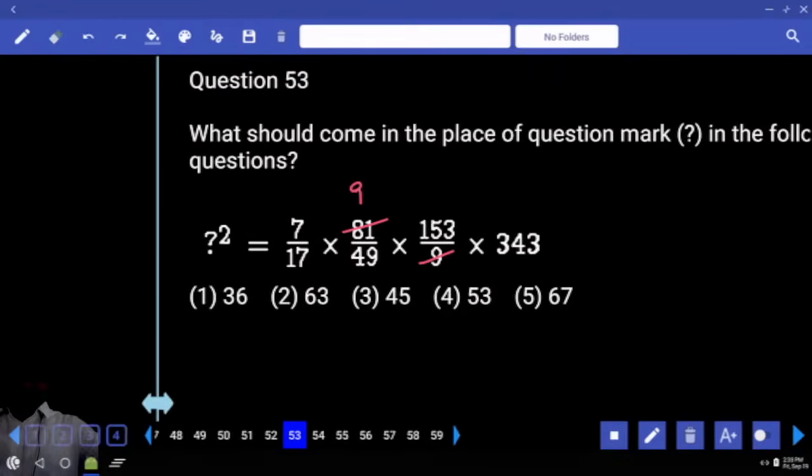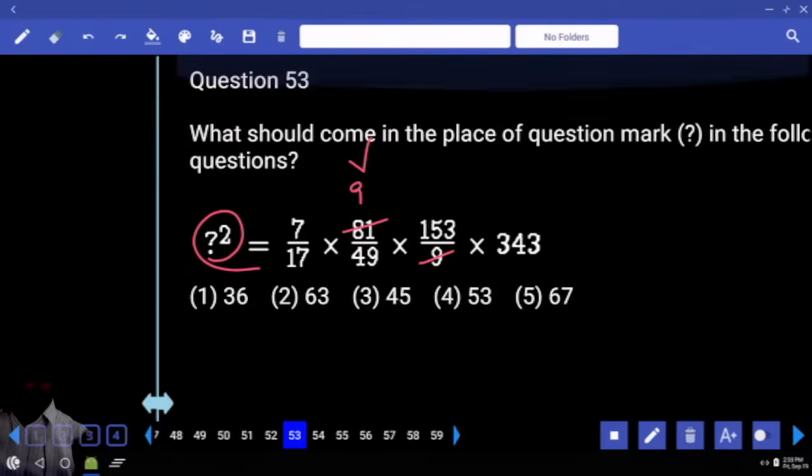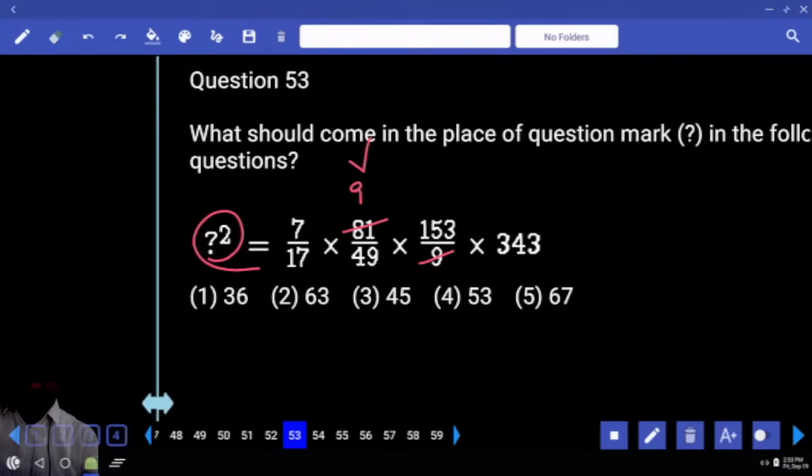X square is equal to a 9 multiple. On the other hand, you have 153, which is also a 9 multiple. If x square is a 9 multiple, x should be a multiple of 9, because we don't have any 9 or 3 multiples in the denominator.